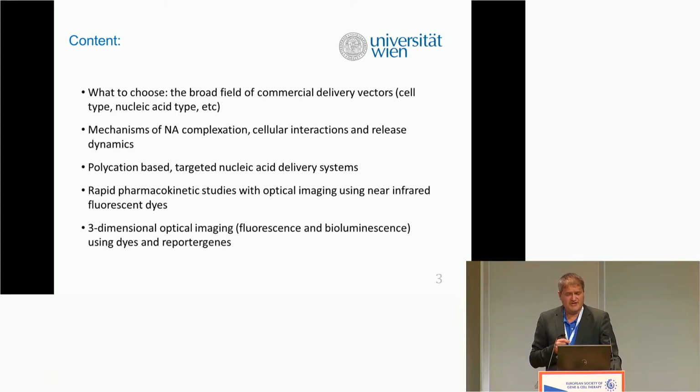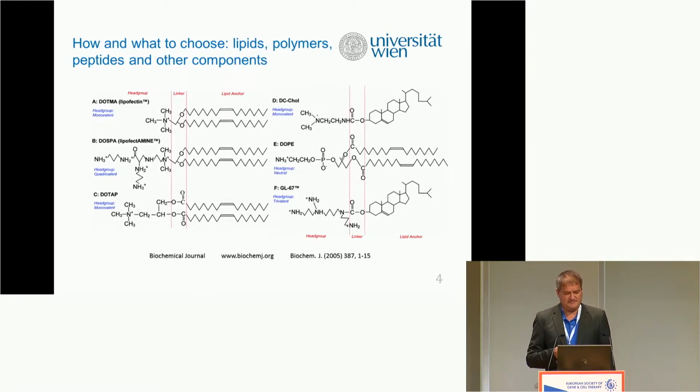Then a bit about polycation-based systems and receptor targeting, and then I will switch to in vivo applications. So how can you measure relatively fast in vivo kinetics of your non-viral vectors, and which type of imaging method can you apply?